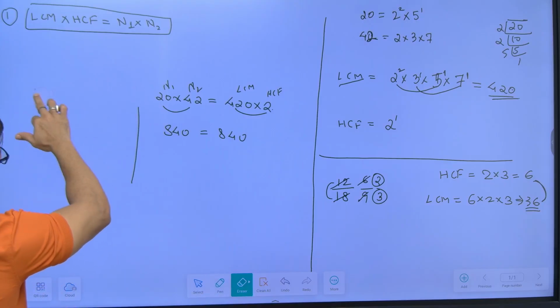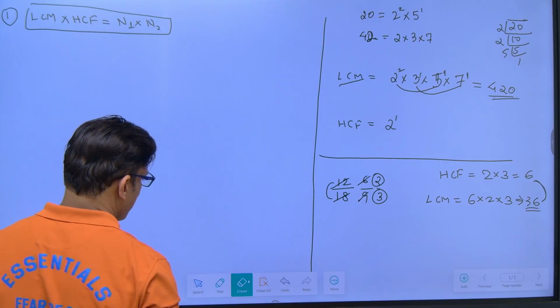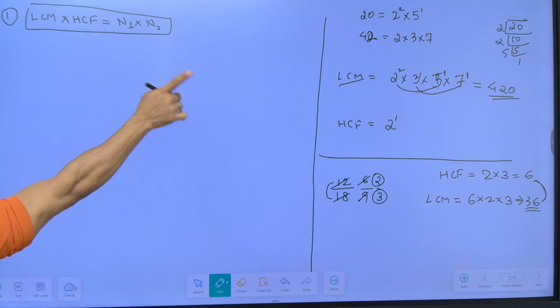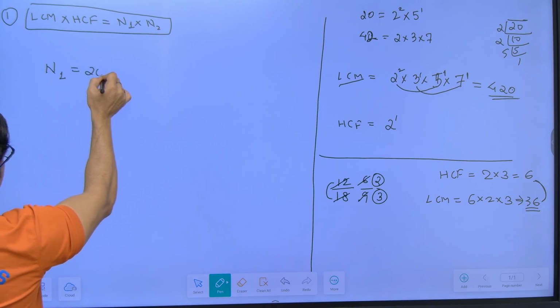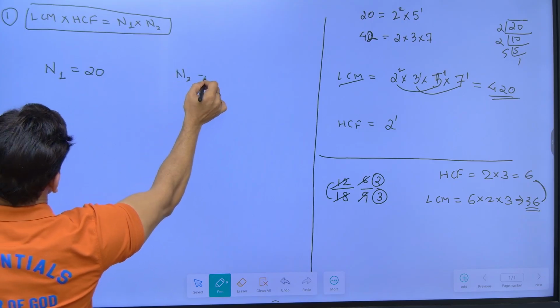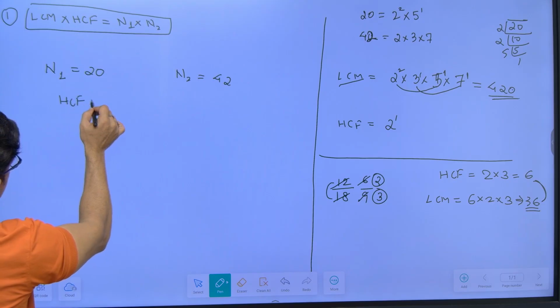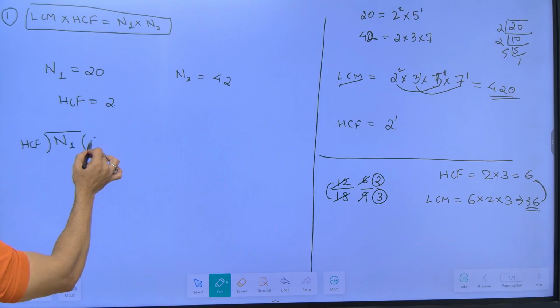Okay. Now let us understand one more thing. We'll take this. In this, what is your first number? Second number? What was the HCF? Right? So whenever you take your first number and divide by the HCF, you will get some quotient.